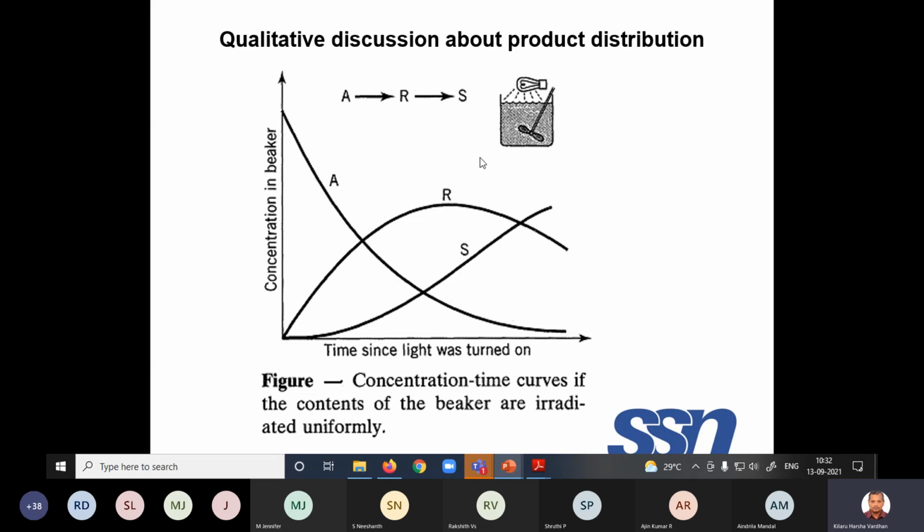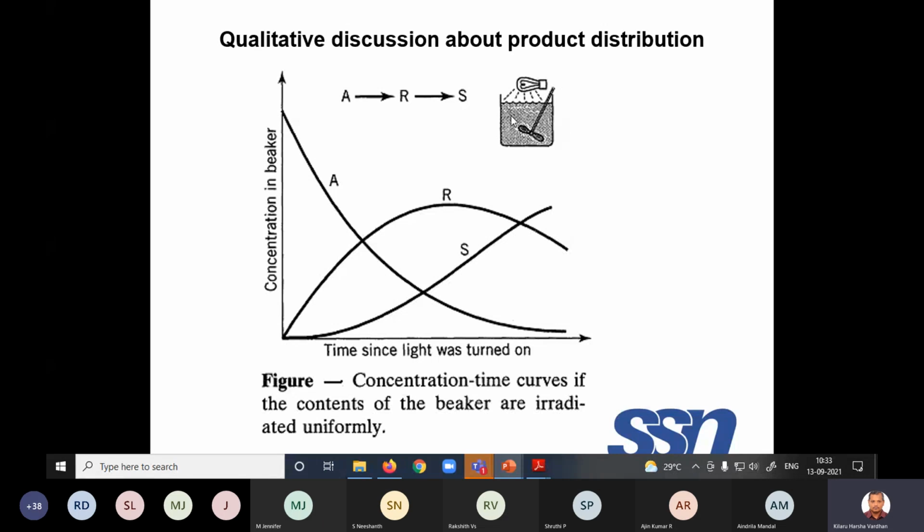Any idea? What changes will you make so that I get more R than S? How can you maximize R and minimize S?